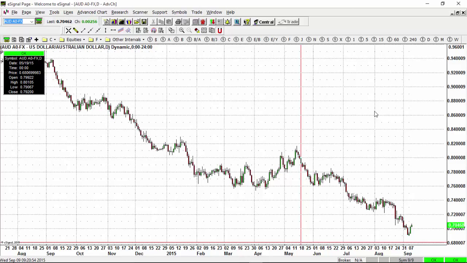They get scared and pull their trades out of the markets, and that is essentially the time you should be even more bold. When everyone else is running for the hills, that's possibly the time to get involved with the markets.